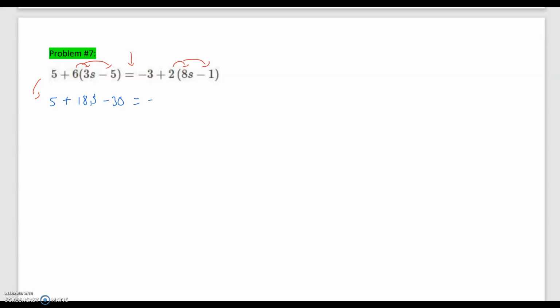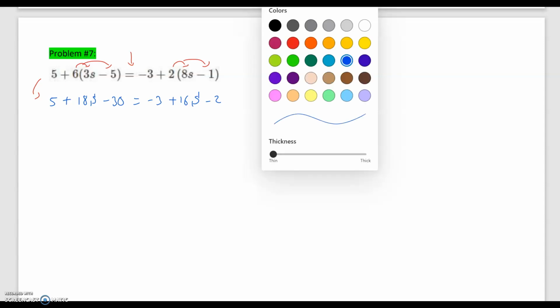This is equal to negative 3 plus 16s minus 3. Actually, minus 2. And let me check the multiplications. 18s minus 30, 16s minus 2. Okay, so let's combine all the like terms on both sides.